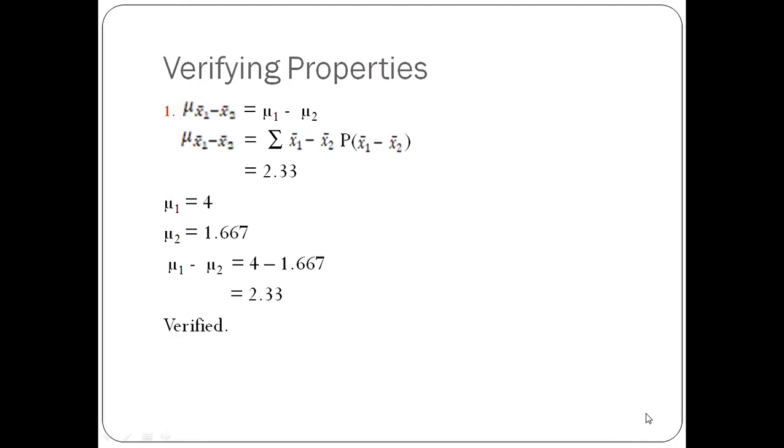Now, for the verification of properties, as we know, these are the properties. The mean of the sampling distribution of differences is equal to the difference between the population means. The mean of the sampling distribution is the summation of differences into P of differences.